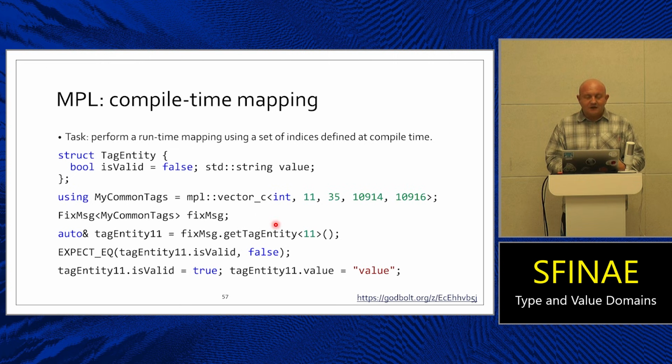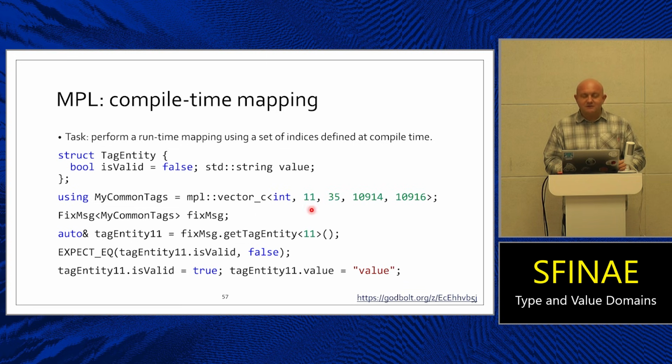We define a structure TagEntity that stores a Boolean flag and a string. Then we define a FixedMessage container that maps each tag ID to its entity. If we call fixed_message.get<TagEntity>(11), we get the TagEntity stored for 11.